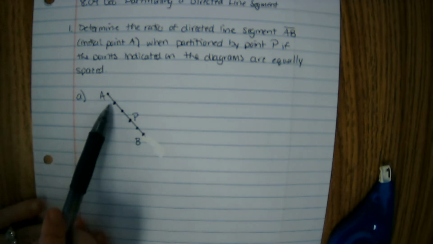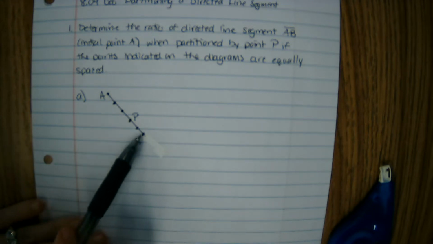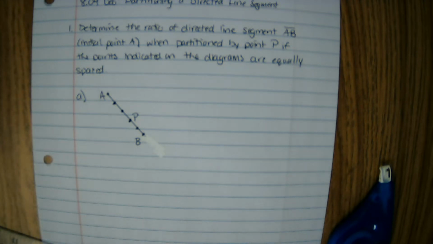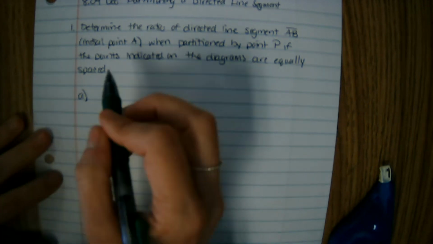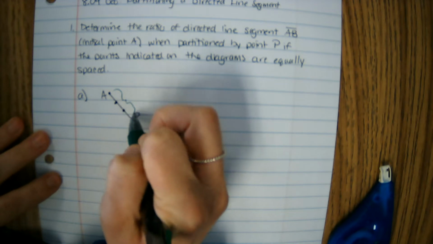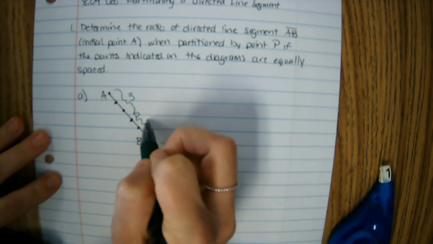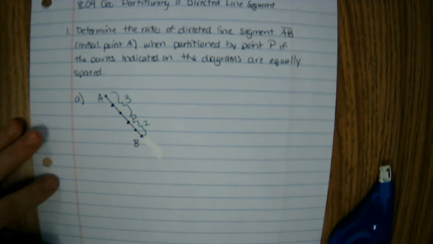So we've broken this up into 1, 2, 3, 4, 5 different parts. So to figure out how it's partitioned, we're going to count how many spots before P. So that's 1, 2, 3. And after P is 2.